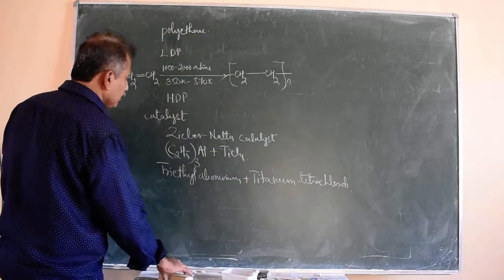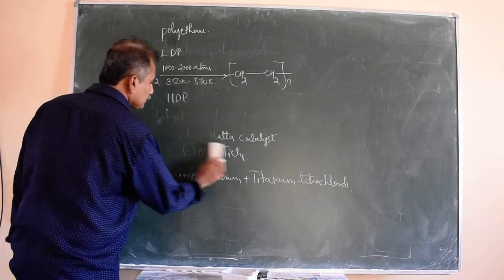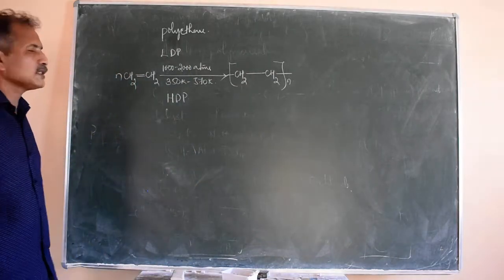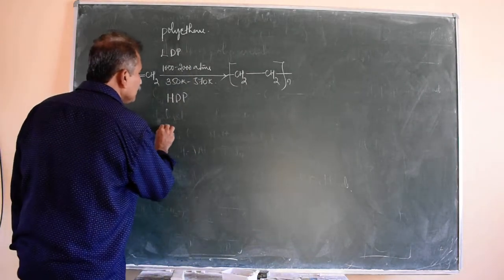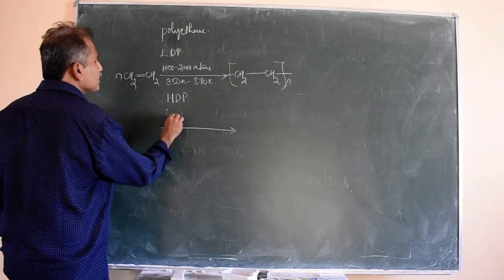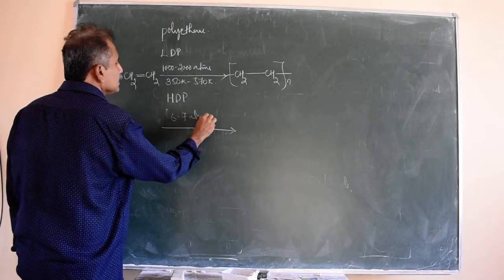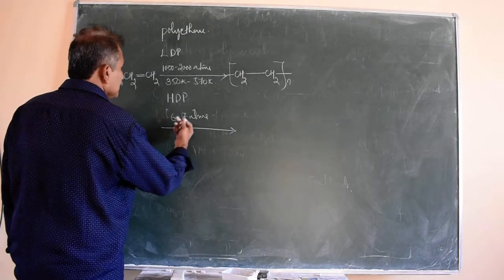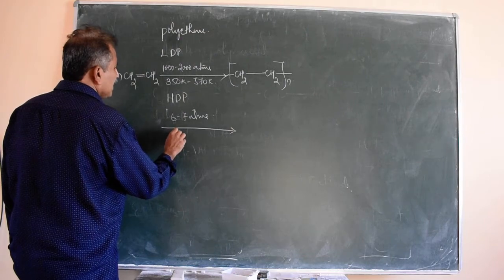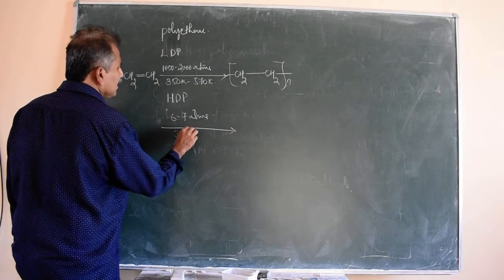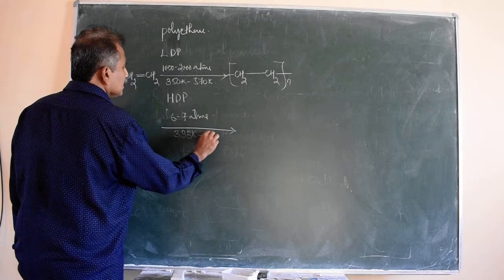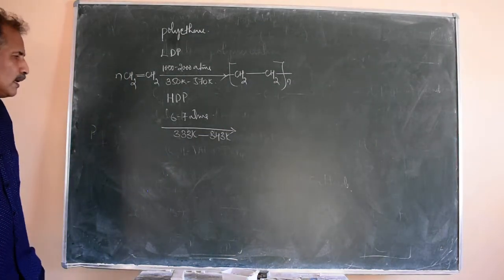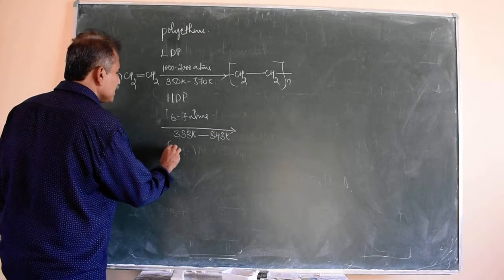Now the same reaction, only thing is that here, because of the use of this catalyst, the pressure is around 6 to 7 atmospheres, then temperature around 333 Kelvin to 343 Kelvin is used, and Ziegler-Natta catalyst is used.